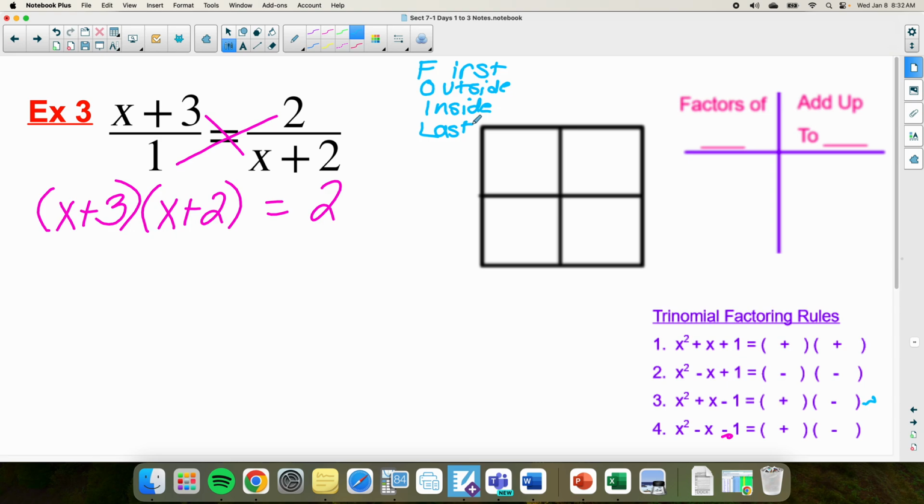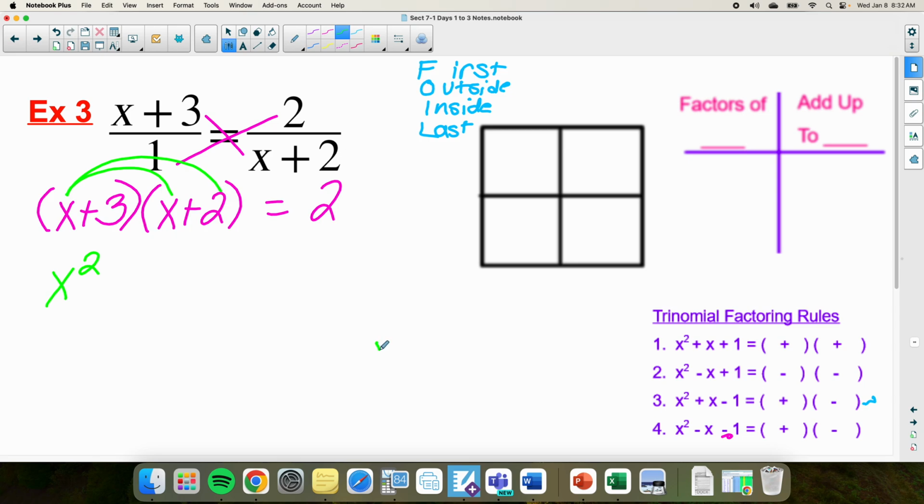The F stands for first. What that means is take the first thing here times the first thing there. So you'd go x times x, which is x squared. The O stands for outside. So that would be this and this, the outside 2.